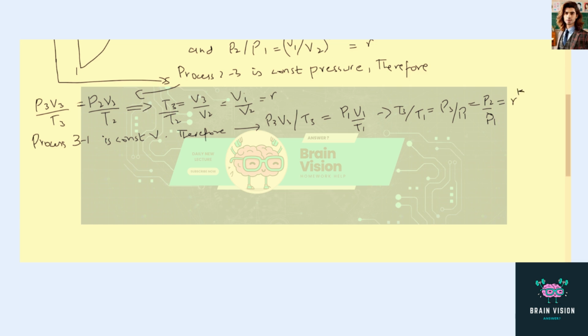So the back-work ratio becomes work done during compression divided by work done during expansion, equal to 1 over K minus 1.